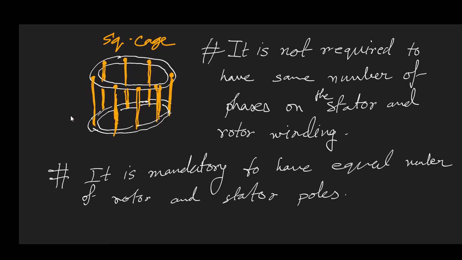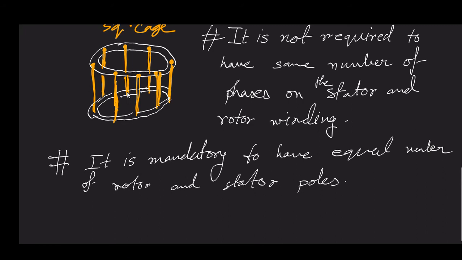So this rotating MMF sweeps across the rotor conductors or rotor bars, and thereby some EMF gets induced across them. As the path of this EMF is closed, it causes a flow of current, and that current produces another set of magnetic poles.